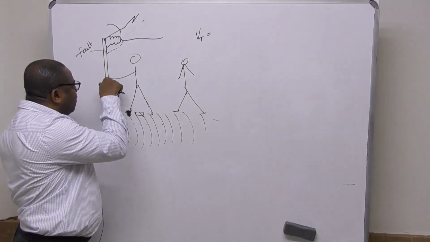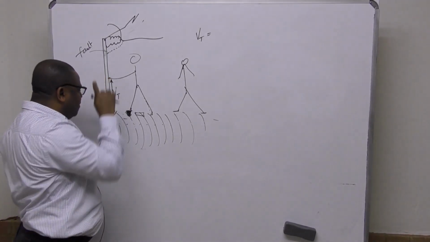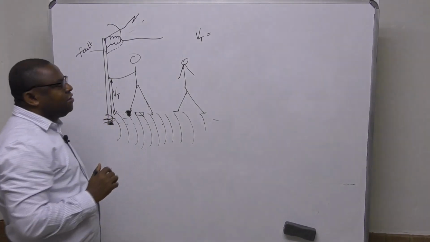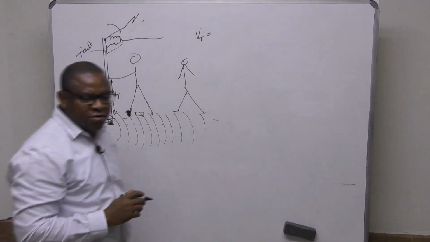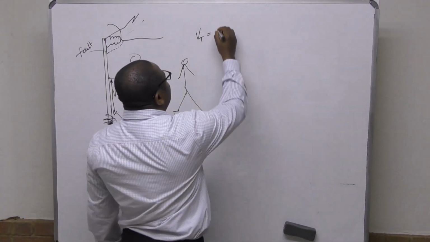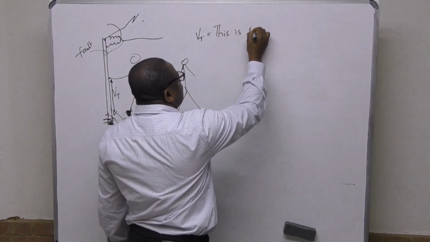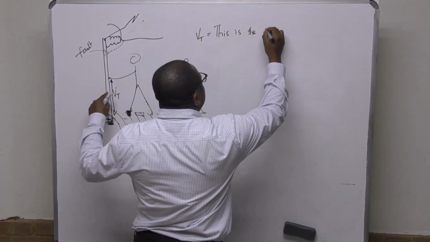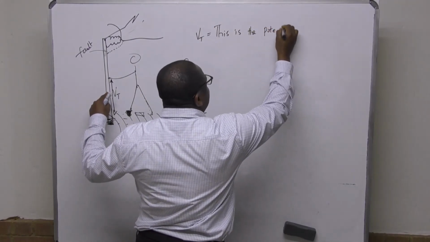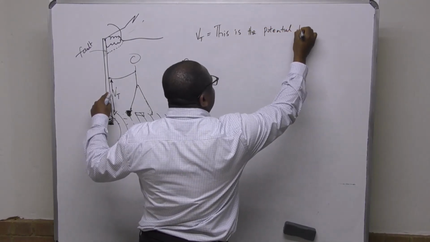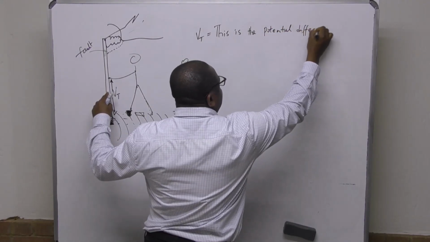So the potential difference between where he is standing and touching is your touch voltage. Okay? So let's write it. Say that this is the potential difference.